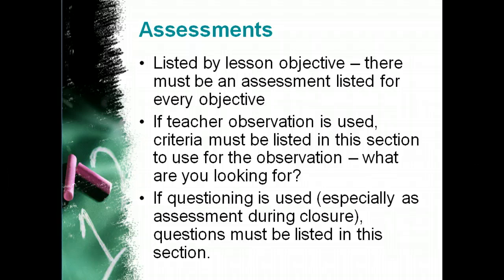What is it that you are looking for if you're using teacher observation? If questioning is used, especially as an assessment during the closure, the questions must be listed in this section. What are the assessment questions you're going to come up with to see whether the students have accomplished that objective?